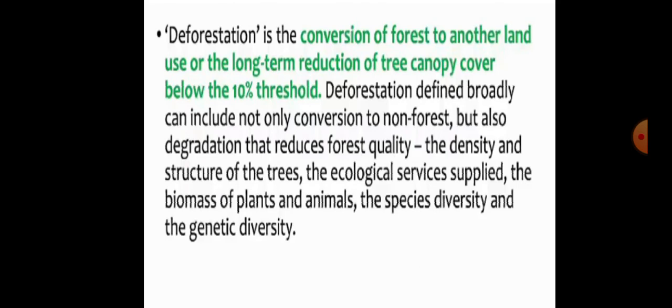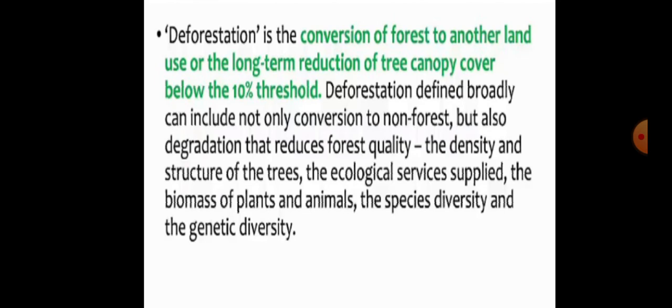Deforestation, if we go into the meaning of it, is the conversion of forest into another land use or the long term reduction of tree canopy, or the shade we say, cover below the 10% threshold, that is very less.